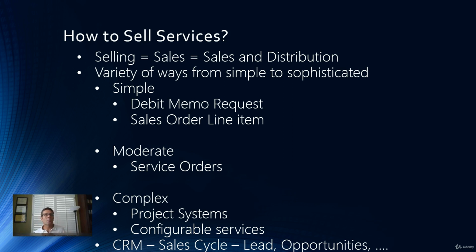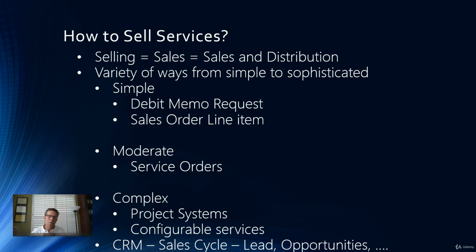Another type of more complex services are configurable services. These are services where you're making a lot of choices. For example, you could have a configurable service contract where you've got just one type of contract, but the customer is making a series of choices that they're being led through. What kind of contract?